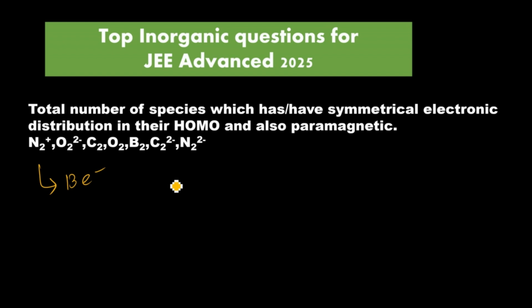This is less than 14, so it will have pi 2px, pi 2py, and sigma 2pz. So a total of 13 electrons. And what about the symmetrical electronic distribution? Is it paramagnetic? Yes, it is paramagnetic. Is it symmetrical? Yes, it is symmetrical.